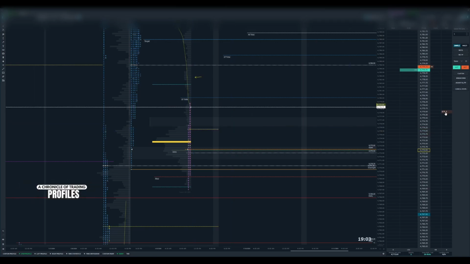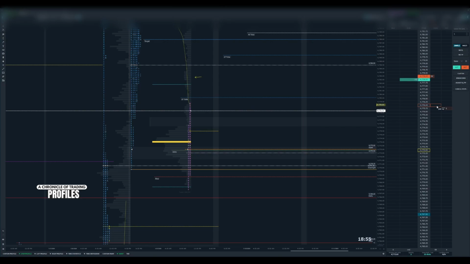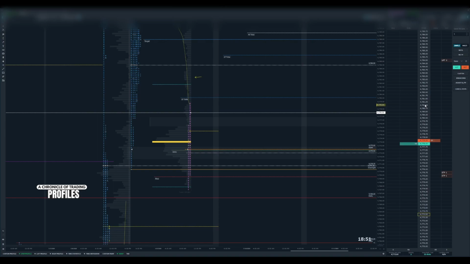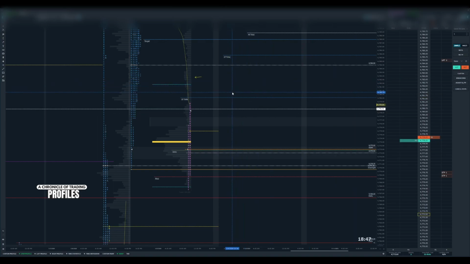Same thing, I'm moving these stops up to protect me if we come back into that range that we were in earlier. I feel like if we come back into that range, we'll probably look at that overnight low again.